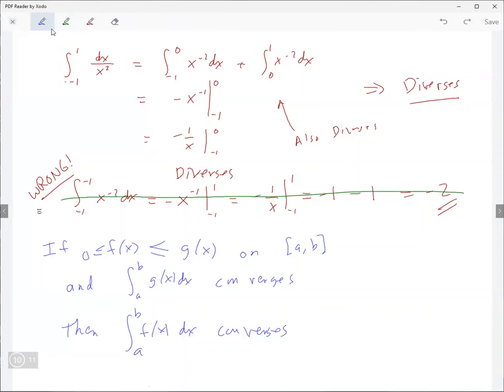An example would be something like the integral from 0 to 1 of cosine squared x over the square root of x.